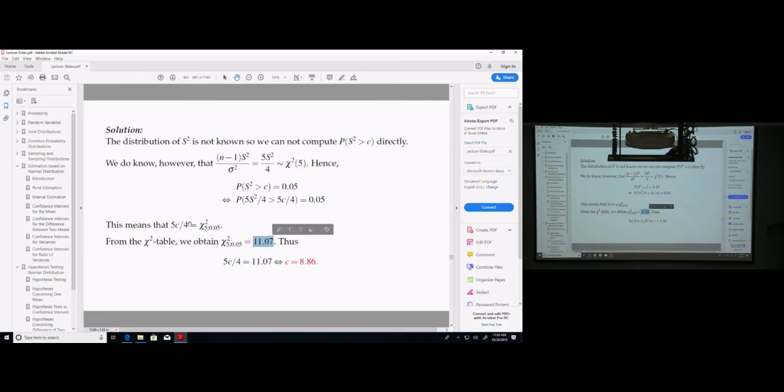So this whole thing is 11.07, so we can solve for C back, and it is 8.86. This is actually from the table, or from Excel, or from R.